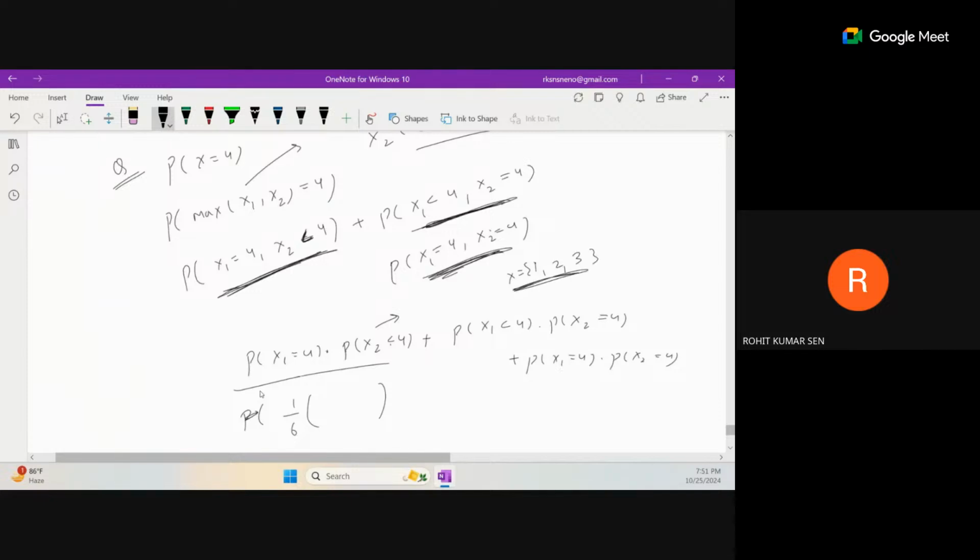These are the possible values my x2 can take. What is the probability of x2 being 1 or 2 or 3? It is going to be 3 by 6. Is it clear? Probability of x2 lesser than 4, how is it 3 by 6? Yes or no? Yes, sir. Okay.